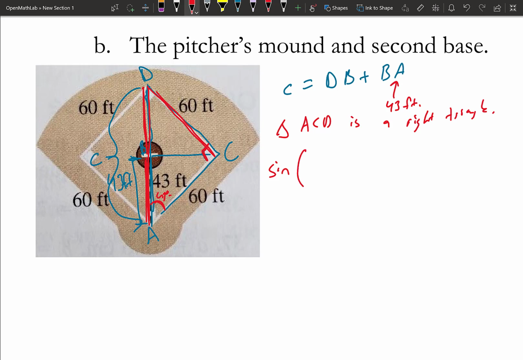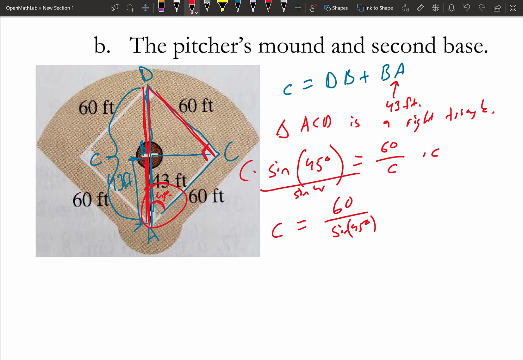We'd have sine of 45 degrees equals the opposite, which is 60 feet, divided by the hypotenuse, which we call little c. So little c is equal to 60 divided by sine of 45 degrees. We multiply both sides by c and then divide both sides by sine of 45 degrees, and we get this.